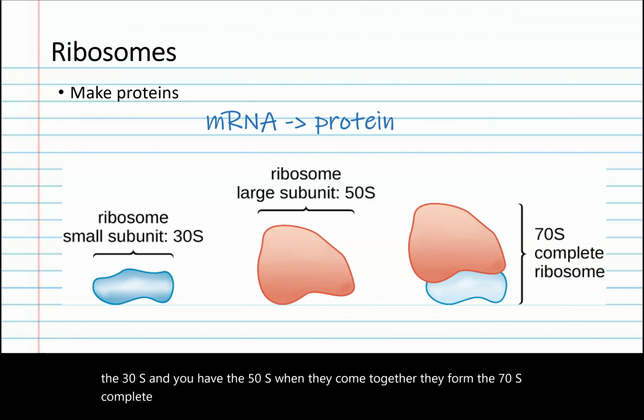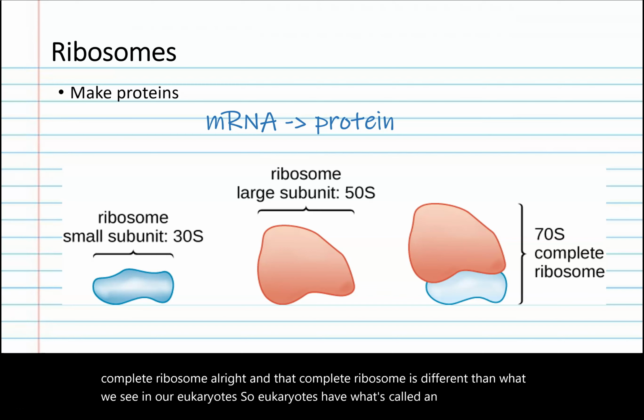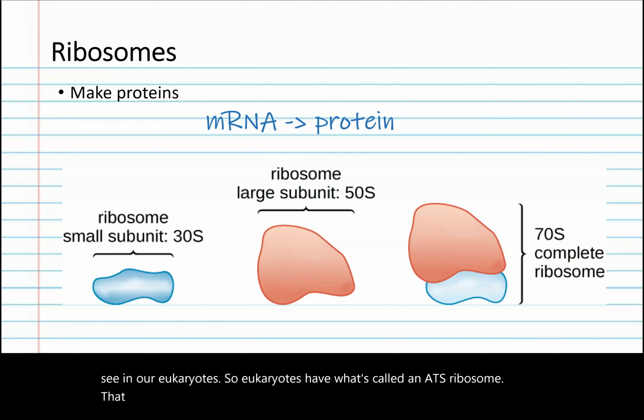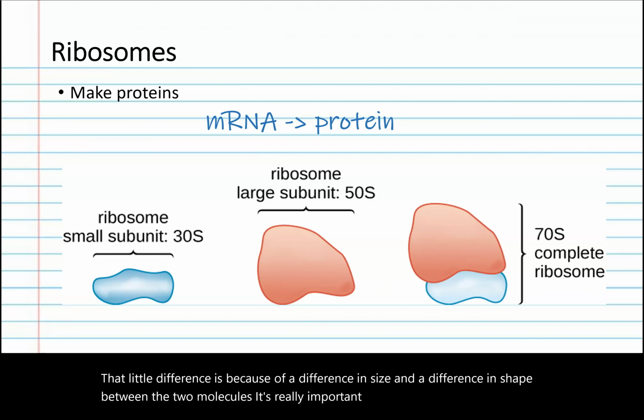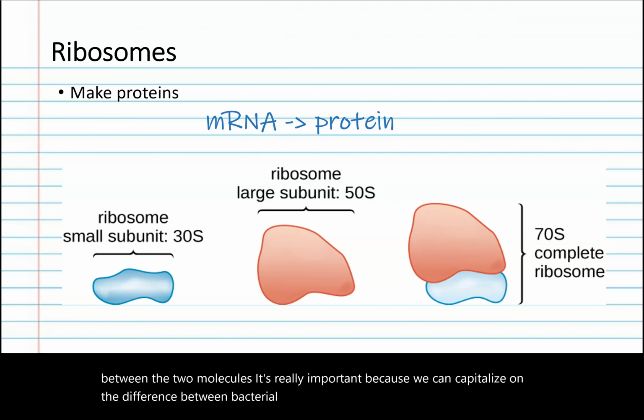All right? And that complete ribosome is different than what we see in our eukaryotes. So eukaryotes have what's called an 80S ribosome. That little difference is because of a difference in size and a difference in shape between the two molecules. It's really important because we can capitalize on the difference between bacterial ribosomes and eukaryotic ribosomes when we treat patients with antibiotics.